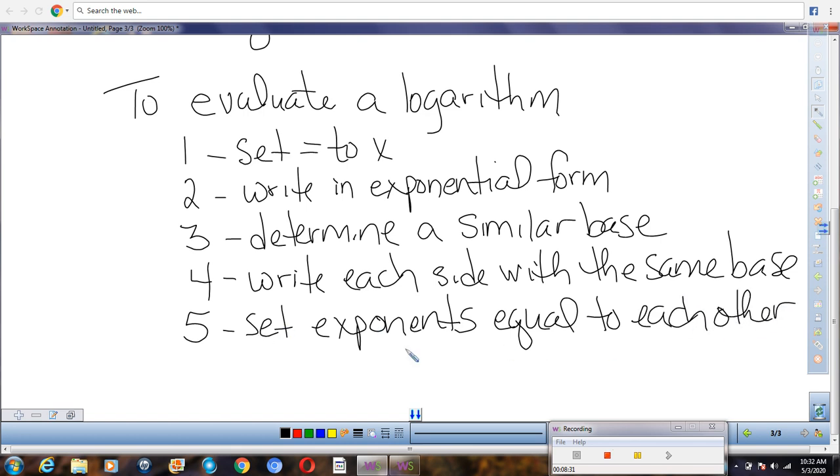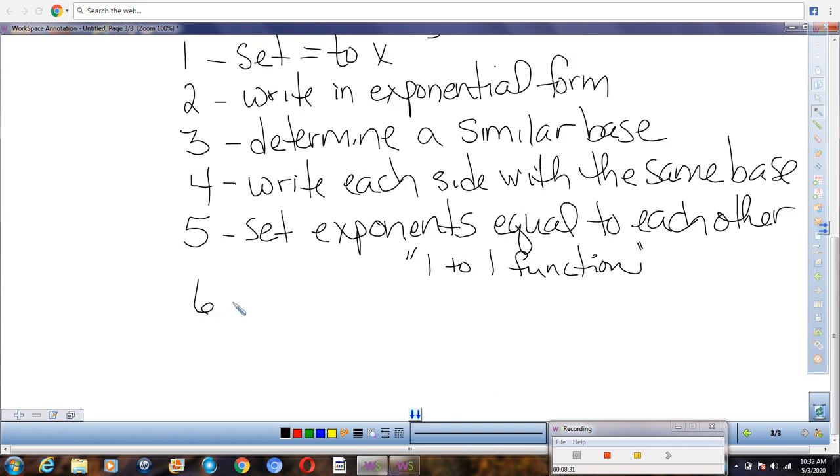This is called a one-to-one function. And then step 6, solve for the unknown.